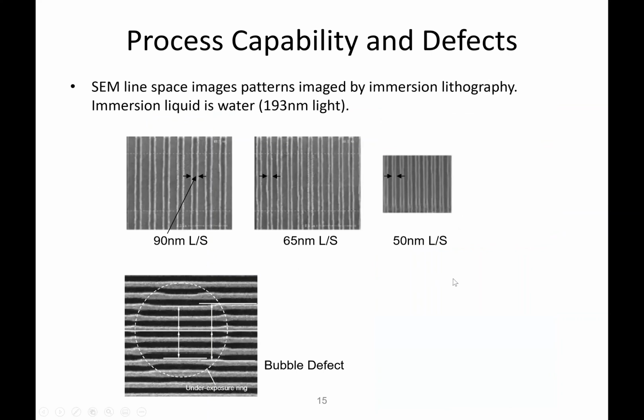But still, the light is 153 nanometer light, yet the lithography pattern can go down to even 50 nanometer easily. But like I said, if there is a bubble here, then a defect can be generated.